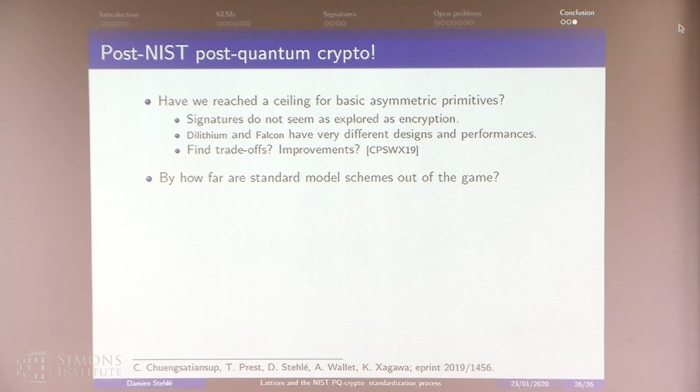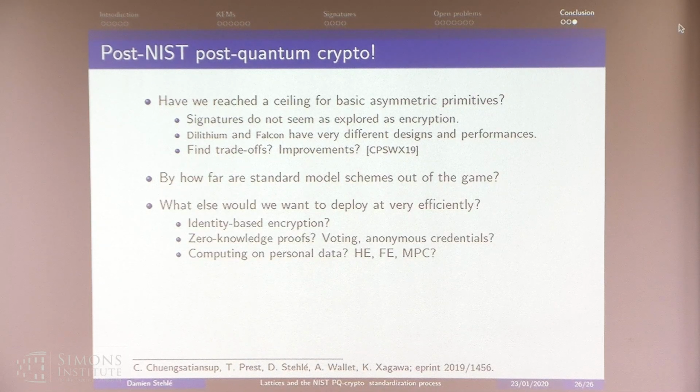Another type of questions would be whether, since all these schemes rely on the random oracle model, one way to just forget about QROM, non-tightness, and so on is to use standard model proofs without a random oracle. It seems to give less efficient schemes, but how much less efficient? And how much are we going to pay to get standard model schemes if we want to?